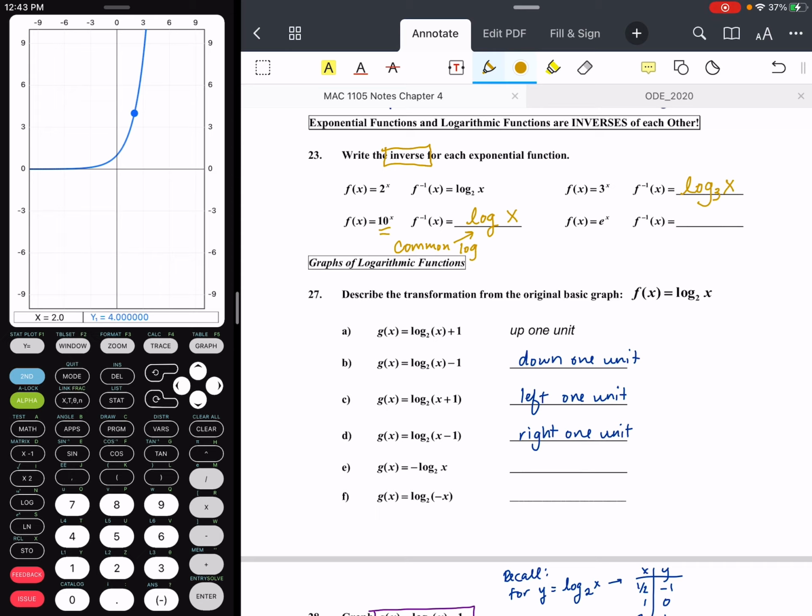So when we don't write a base, we know that that implies that the base is 10 for the common log. And for f of x equals base e to the power x, the inverse, we're going to use the natural logarithm, which is ln of x, and the natural log implies that there's a base e.